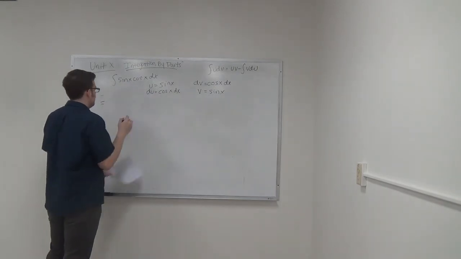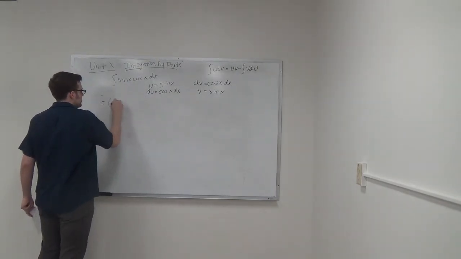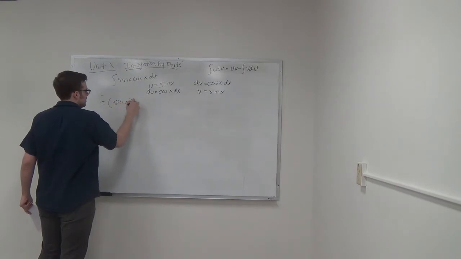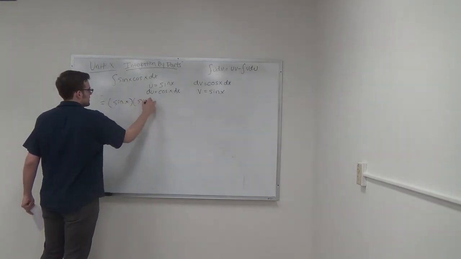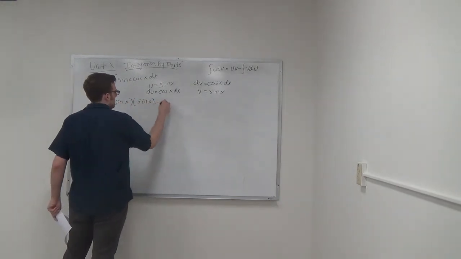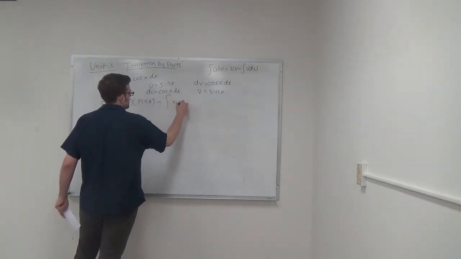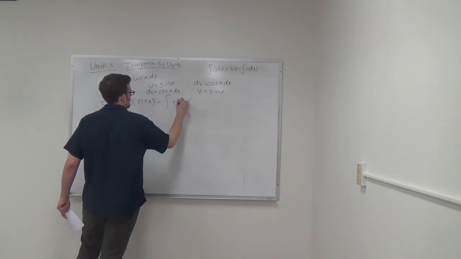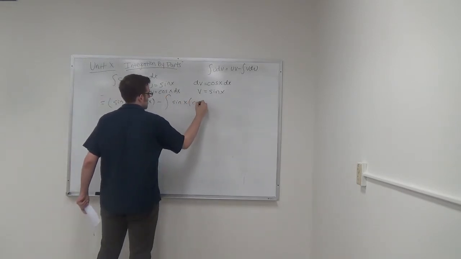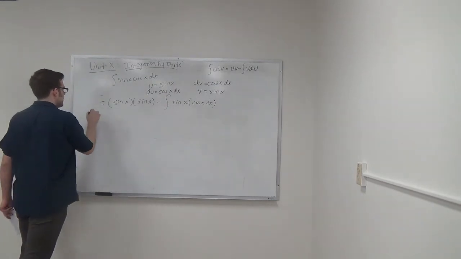So here we have u is sine of x, times v, sine of x, minus the integral of v, sine of x, times du, cosine x dx. So let's just rewrite this out.